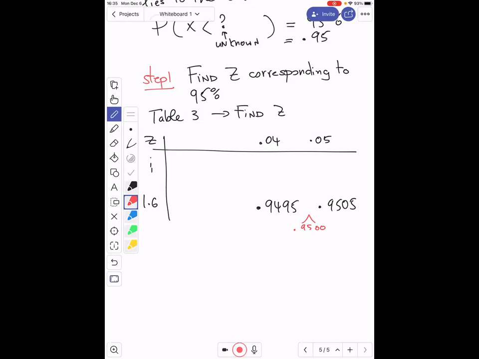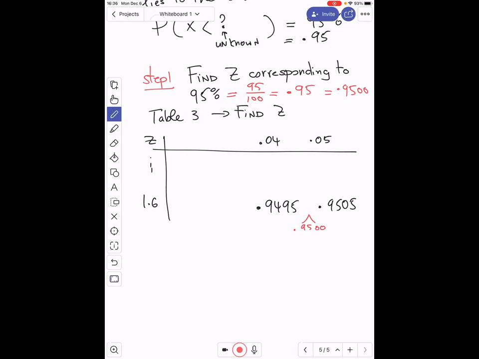That's 95 over 100, so that's 0.95. It's the same as 0.9500. You can put as many zeros as you want after the 5.